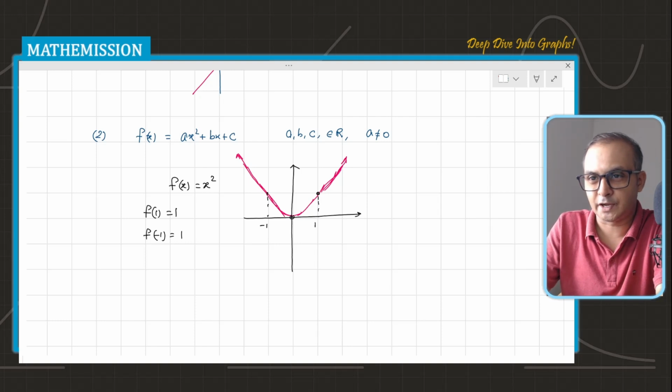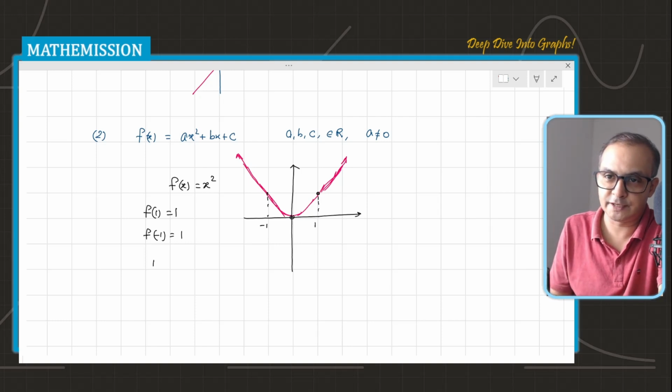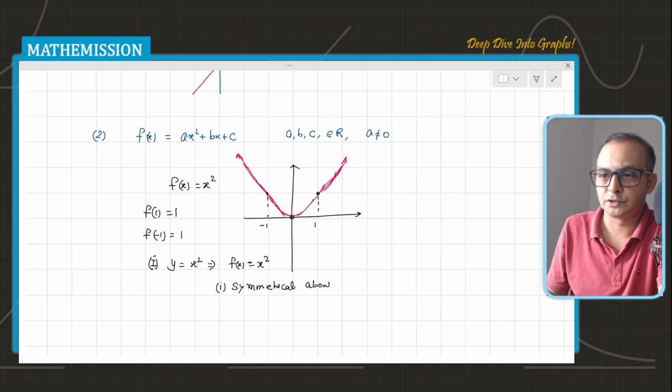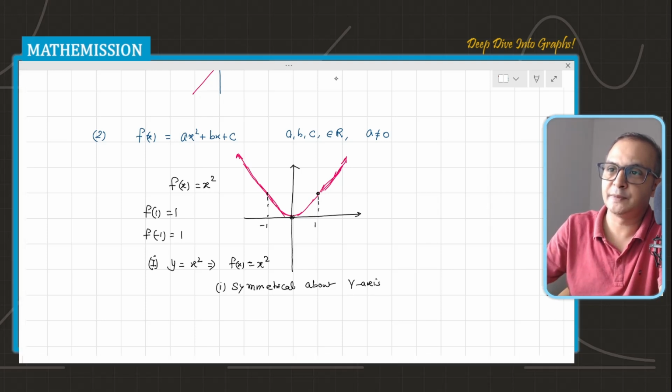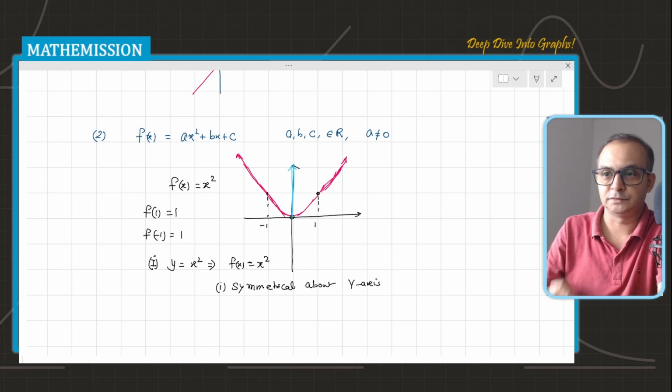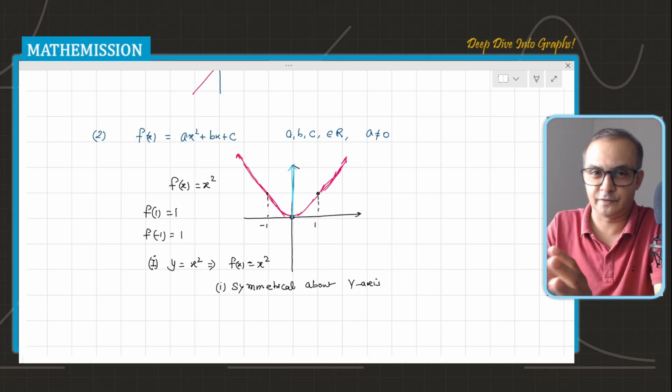So what is the qualitative kind of observation you can make? The first observation is that the graph y is equal to x squared, or f(x) is equal to x squared, is symmetrical about the y-axis. And when I say symmetrical about the y-axis, it means that if I take the y-axis as the line, the right part of the graph and the left part of the graph are symmetrical about each other.